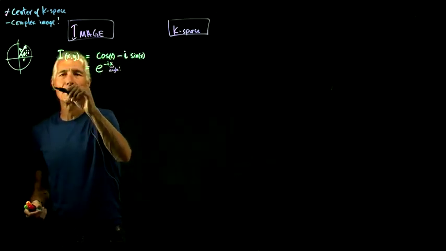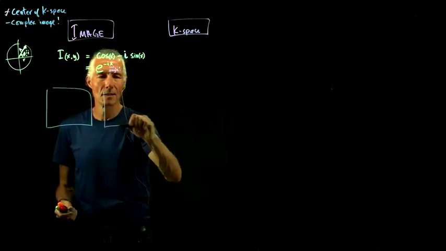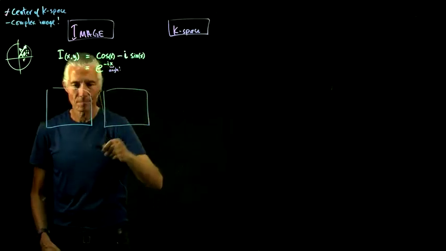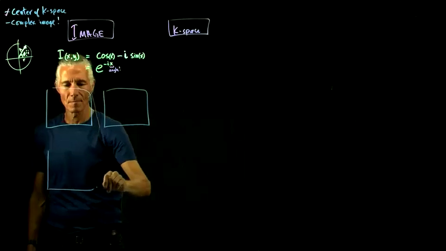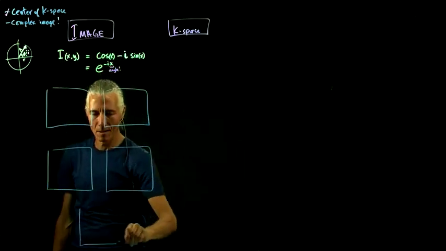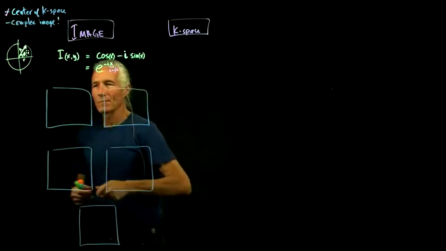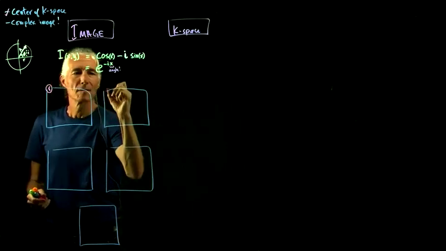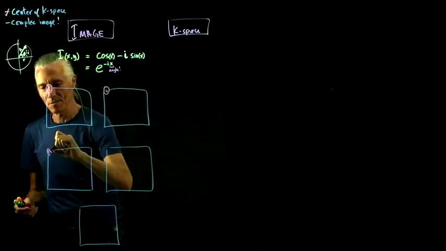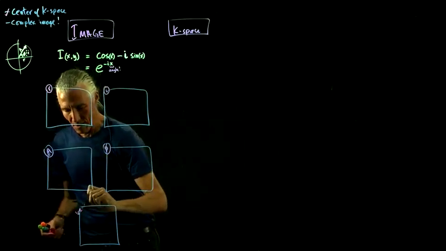So here's our 4 panels again. So we have the real, imaginary, amplitude, phase, vectors.